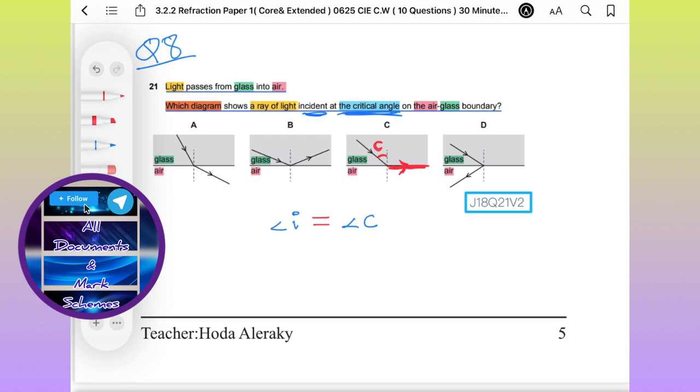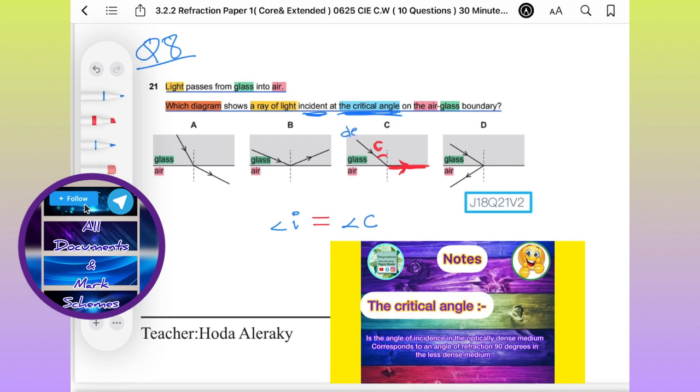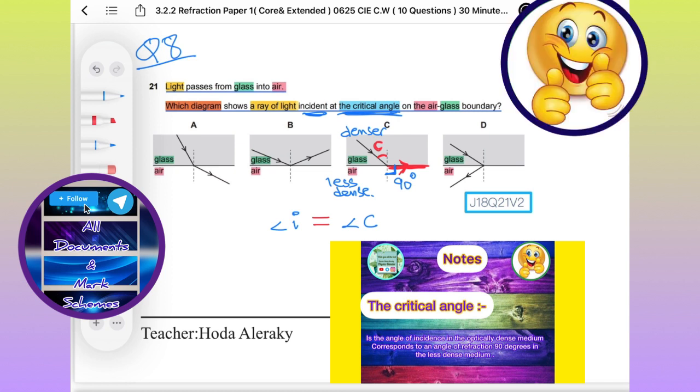So it's the angle of incidence in the denser medium that corresponds to an angle of refraction of 90 degrees in the less dense medium. Okay? So again, critical angle is an angle of incidence located in the denser medium and corresponds to an angle of refraction of 90 degrees located in the less dense medium.